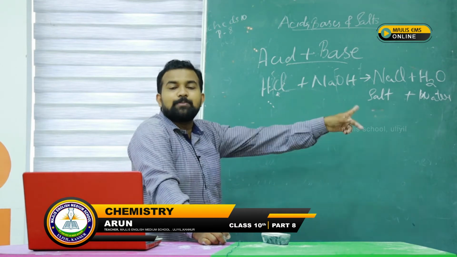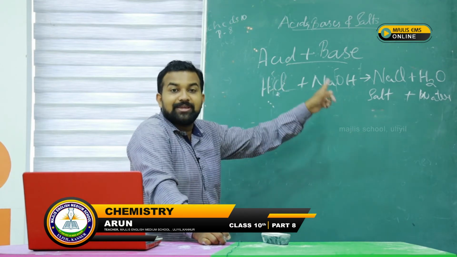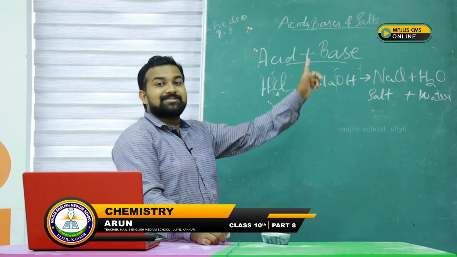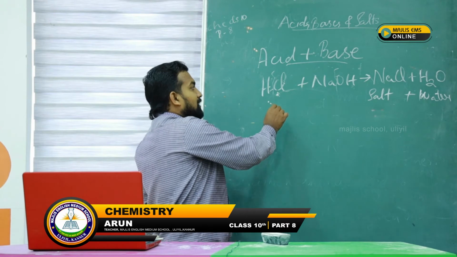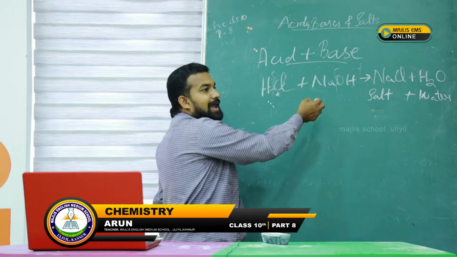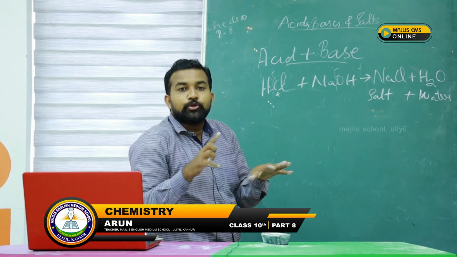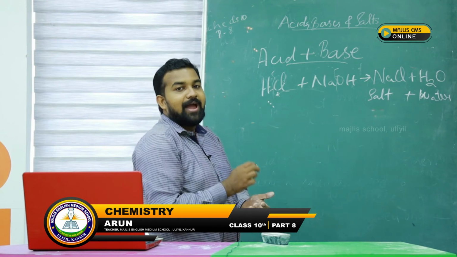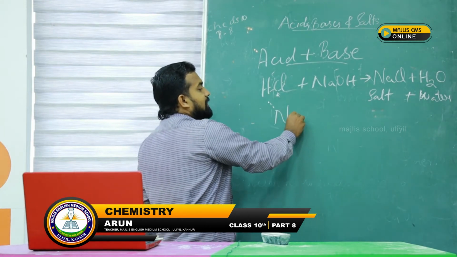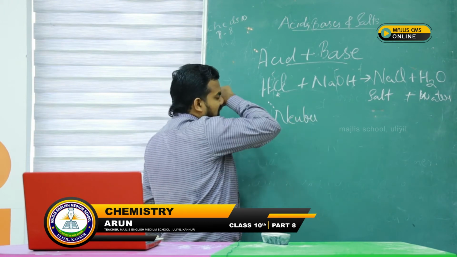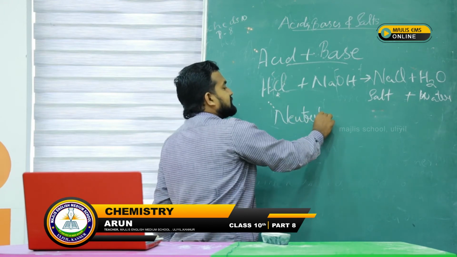Salt does not have any property of acid, salt does not have any property of base, but it is a neutral compound. So the entire properties of the acid and base got neutralized when they react together. So this type of reaction, when an acid is reacting with a base, we will call it neutralization.